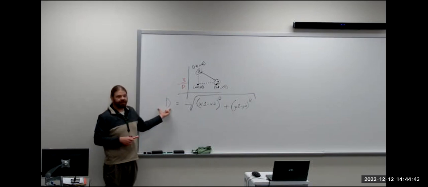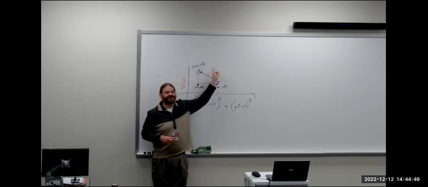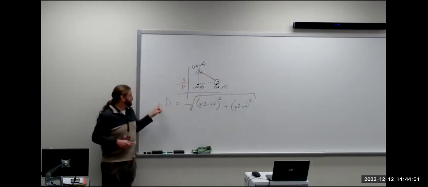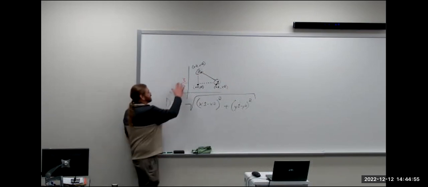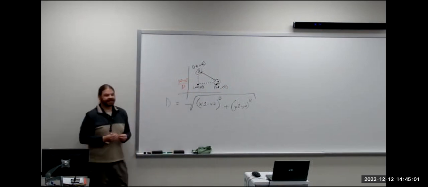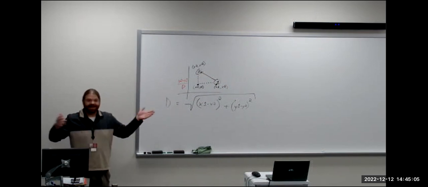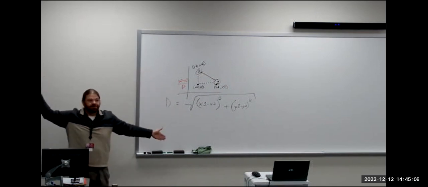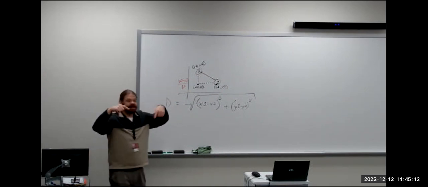Right. This is our biggest number. From elementary school, the hypotenuse is the longest side of the right triangle. So we know that whatever our side is, so we have our y2 minus y1, whatever length that is, if we divide it by the hypotenuse, we have a number smaller than 1. And that gives us sort of a general direction to point in, kind of like what those key presses did.